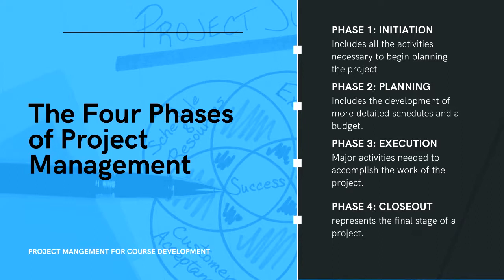So the 4 phases of project management, these are established by the Project Management Institute. And if you do any research or have any background in project management, then these are going to sound familiar. So your first phase is initiation.